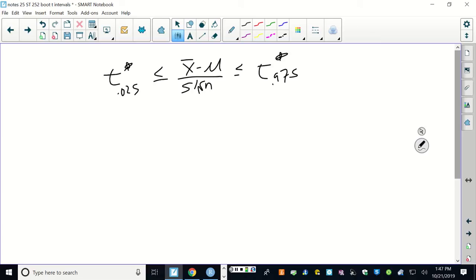Instead of using the theoretical distribution values, we use these simulated values, replacing theory by simulation.